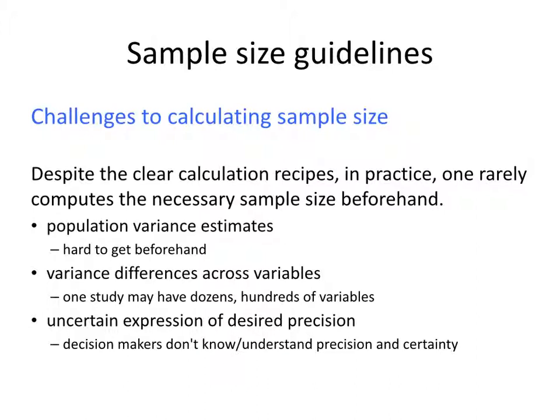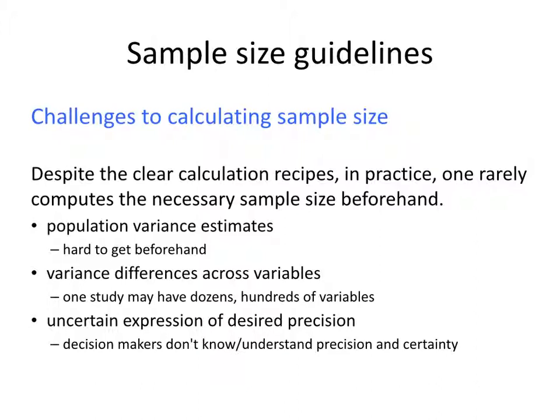So we have these clear and simple mathematical equations for calculating sample size, but in fact, most research doesn't use those equations because there are significant challenges to calculating sample size. The first one is that the population variance is very difficult to estimate.